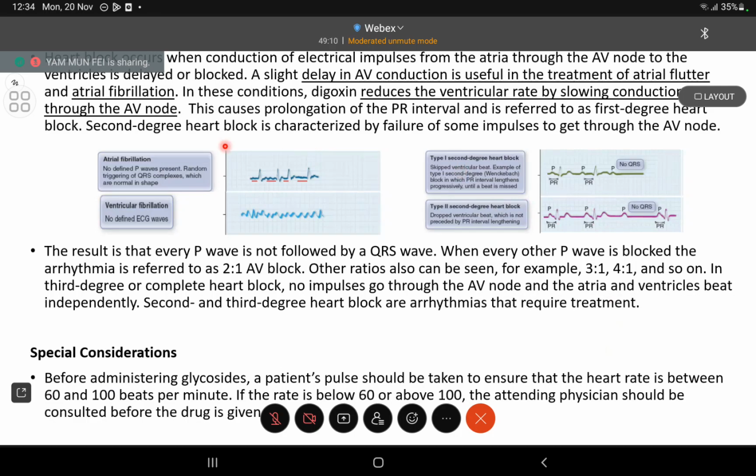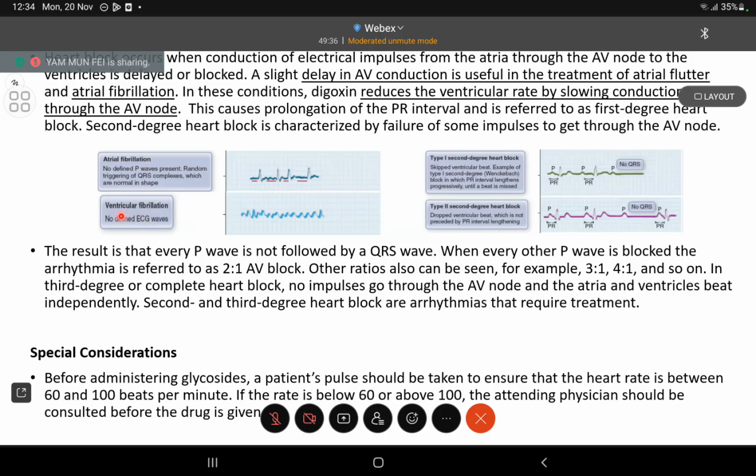This figure tries to tell you a few conditions that normally happen in the heart. One is atrial fibrillation. Look at the ECG here. You cannot see the P wave because of fibrillation. The atrium is pumping too fast, so the P wave disappears.